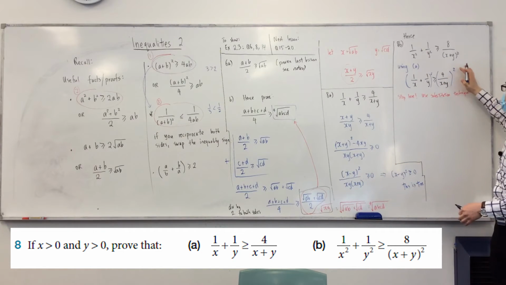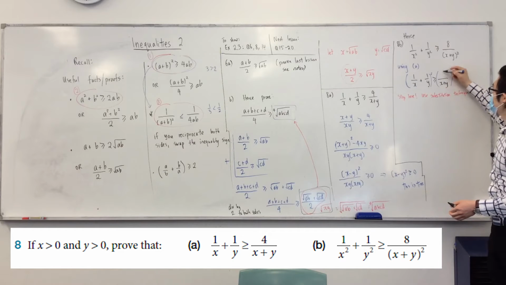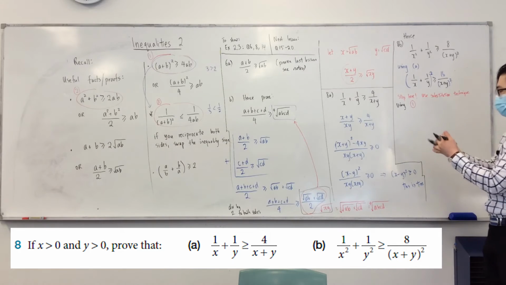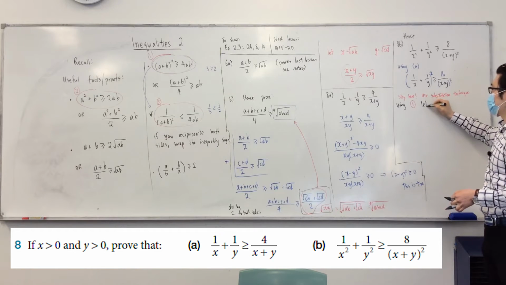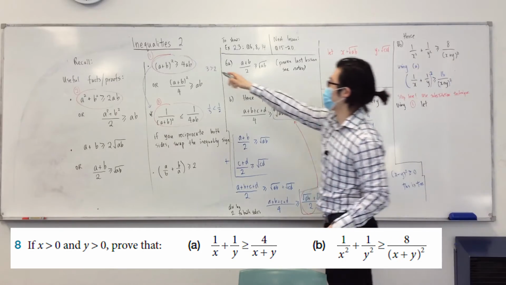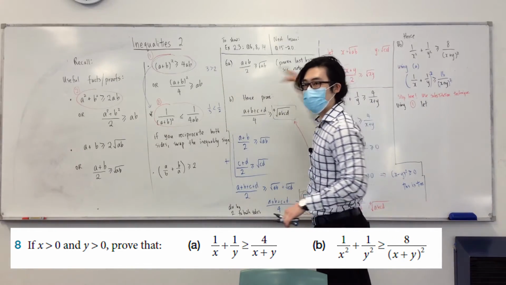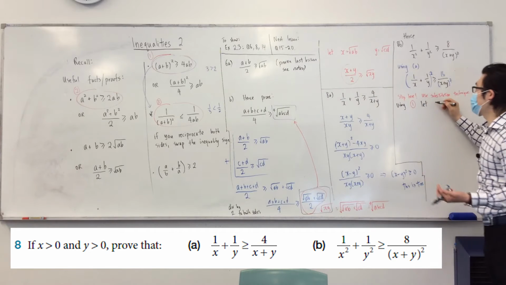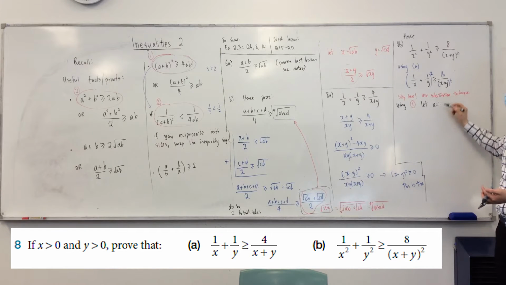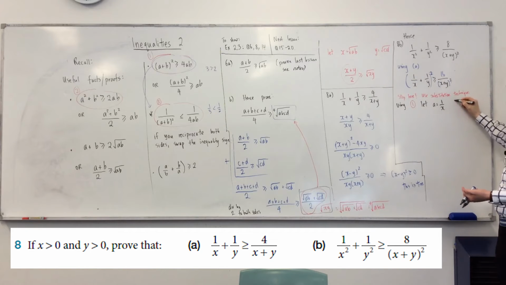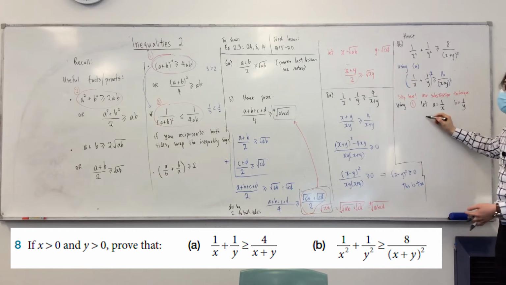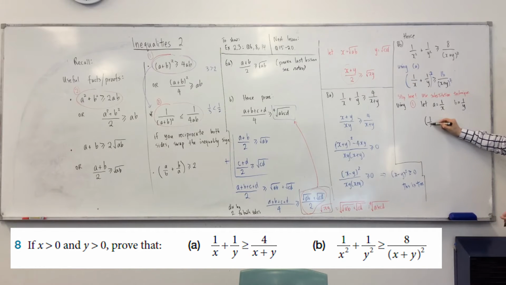So can I write this as, let, the reason why I want to substitute in that is to see how it kind of resembles each other. So what would I let A equal? It's pretty straightforward, because it's whatever's inside the bracket. If I do that and put it in there, I get this.